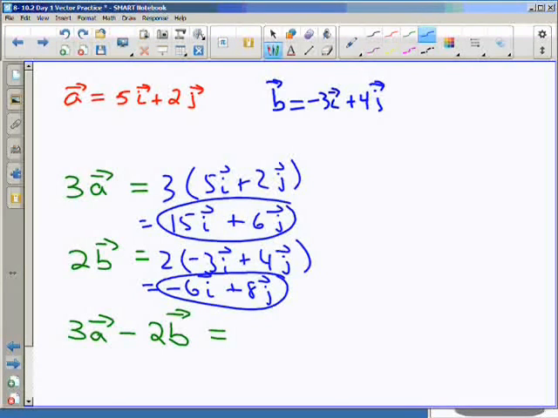Okay, and now we'll try doing a subtraction problem. What we're going to do is take the previous answers, change a sign for one of them. Let's see what we get. Minus the vector negative 6i plus 8j.